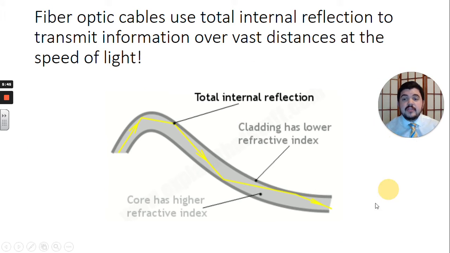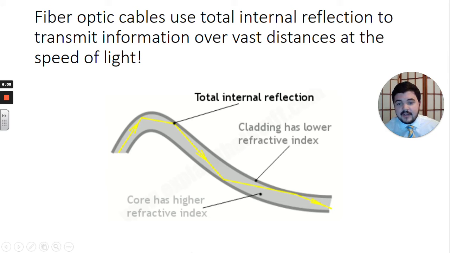This is very useful. Fiber optic cables use this idea of total internal reflection to transmit information over vast distances at the speed of light. So if you create a cable where you can get electromagnetic waves to totally internally reflect in that material, then it'll just keep bouncing without ever escaping.